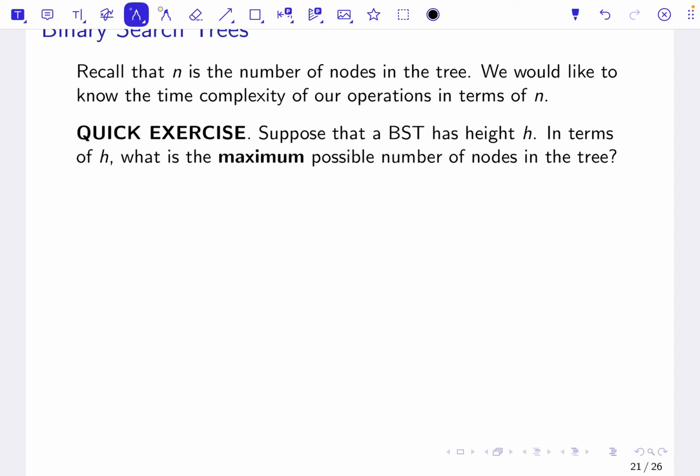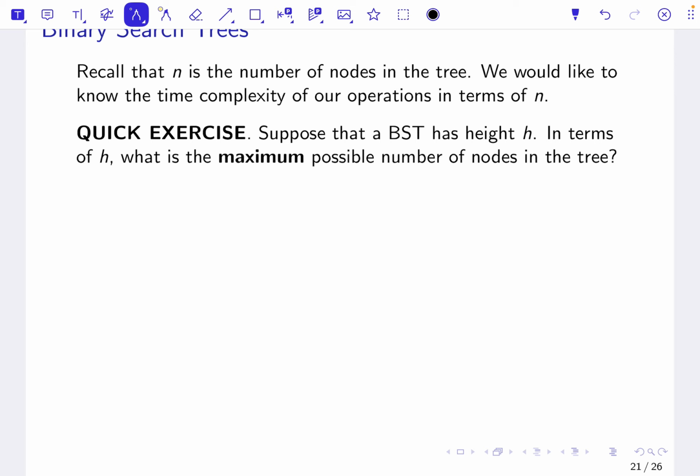So in order to express these operations' time complexities in terms of n, we need to express h in terms of n. So in terms of h, what is the maximum possible number of nodes in the tree? Sort of the worst case for this?